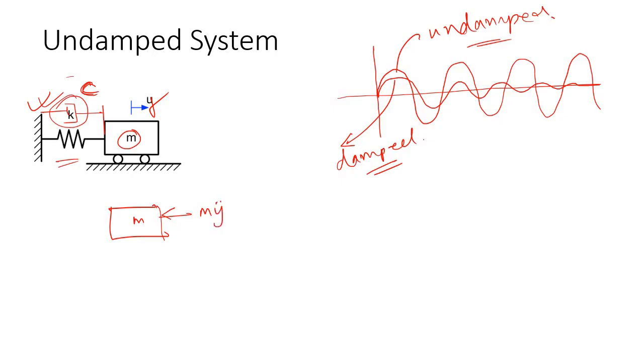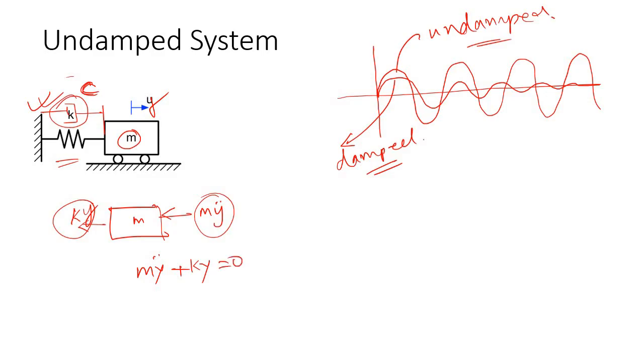This is the acceleration, y double dot, and from Hooke's law, the force is the spring constant times the displacement. So this is from Hooke's law, this is from Newton's law. And to maintain equilibrium, the summation of these two forces must be equal to 0, right?